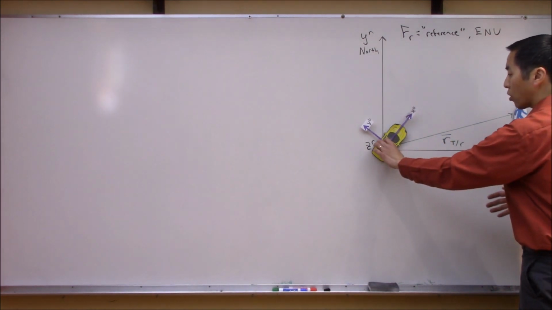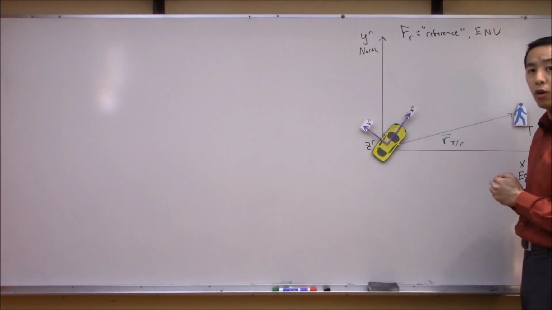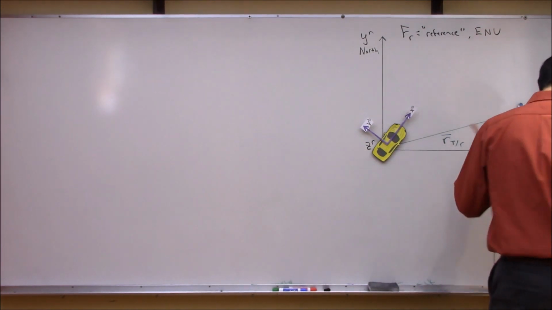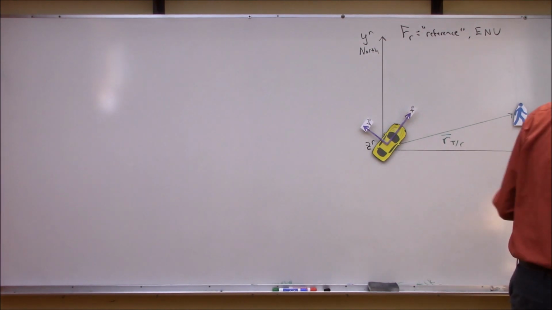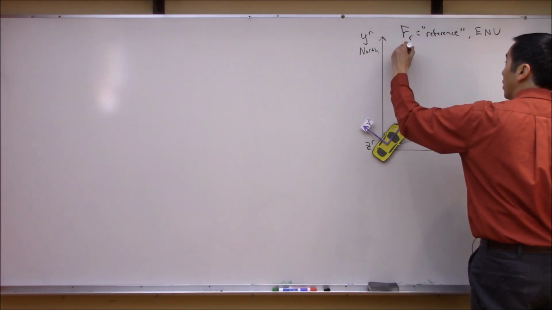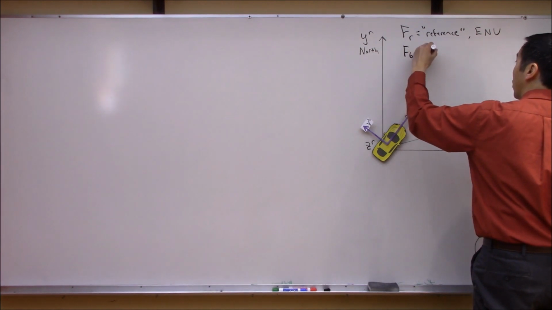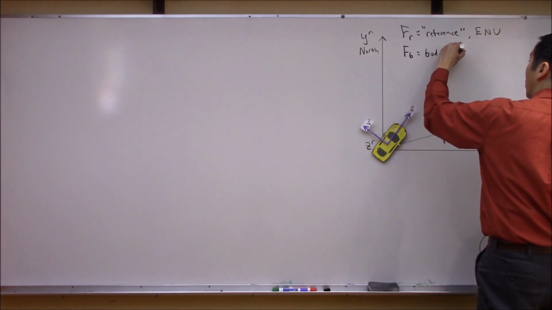As long as the origins of frame FR and FB, maybe we should write that down up here. Let's write our FB on the very top, okay? So let's write FB here is our standard body frame, right?